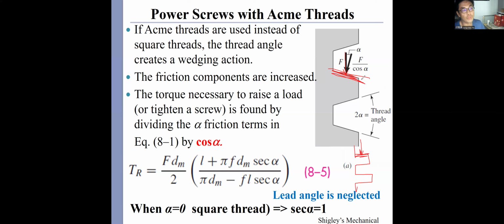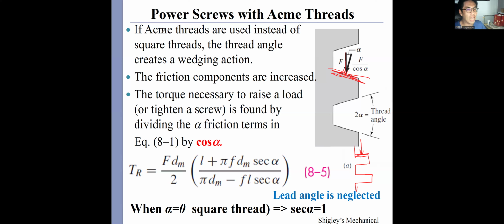Therefore, from the power transmission point of view, the square thread can provide higher power or higher efficiency to transmit some product or mass or load.